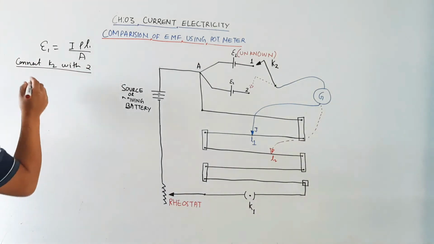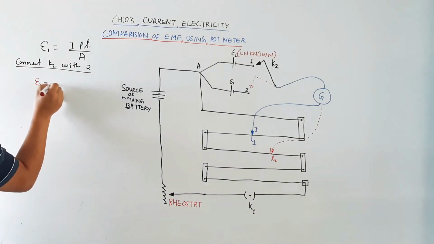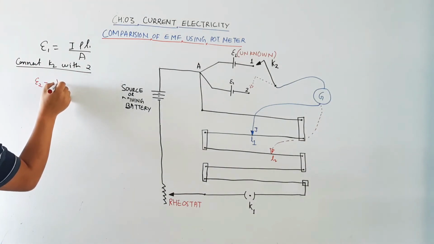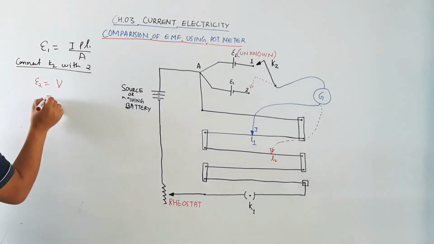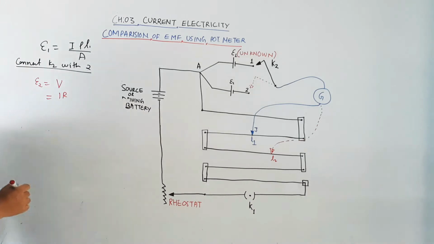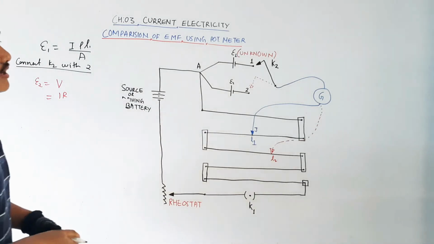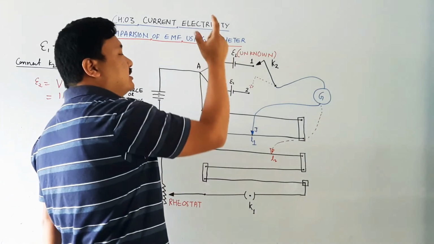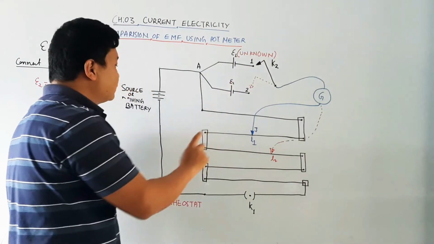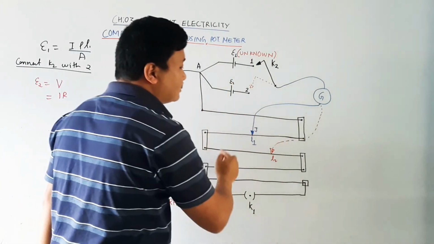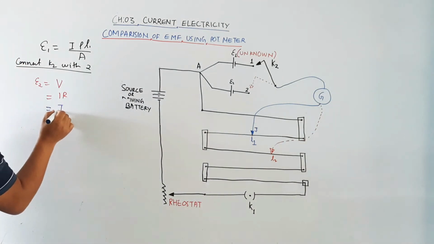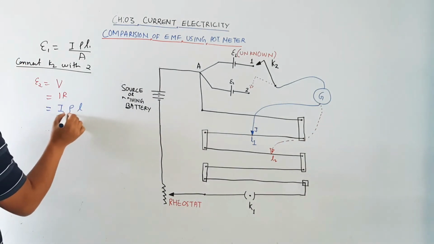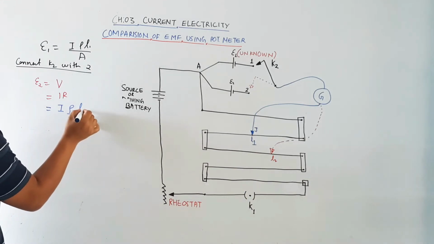So similar to the first one, I can write E2 is also equal to V, the potential difference, and V is equal to IR. Please remember, this current is constant, whether you take E1 or E2, because of this driving cell, current in this wire is always constant. So I can write I, R is rho L by A again, and L2.